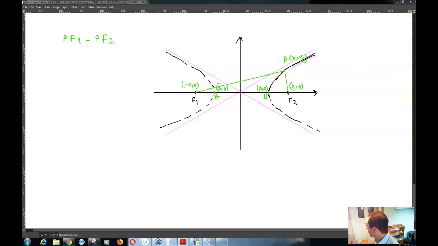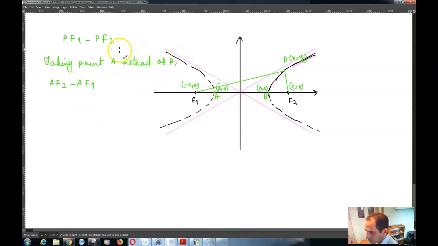Now, if I take the point A over here instead of P, we have this point over here, that the distance of this point from F2 is AF2, minus AF1.